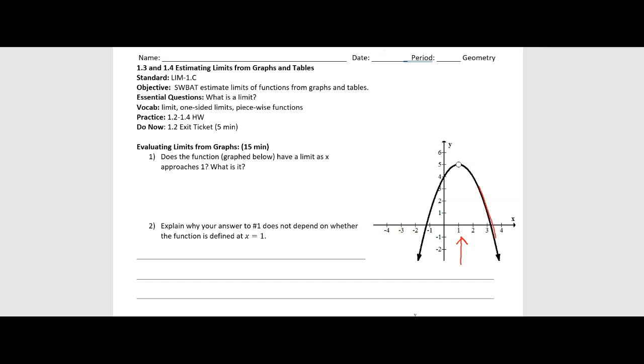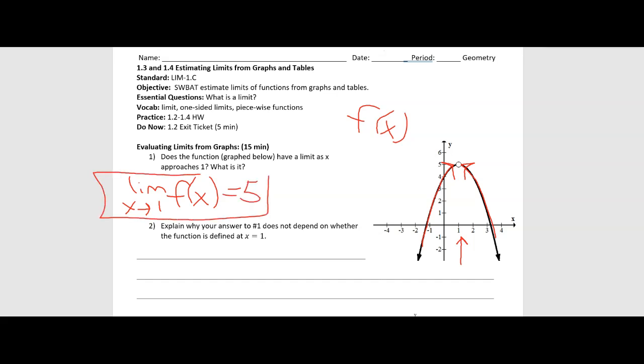So we approach from the positive side, or the right-hand side, and we approach from the negative side, or the left-hand side, and we can clearly see that they both approach the same value, y equals 5. For simplicity's sake, I'm just going to call this function f of x. So the limit as x approaches 1 of f of x is equal to 5.